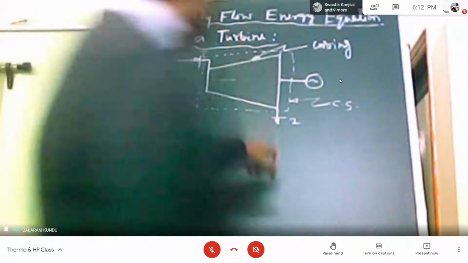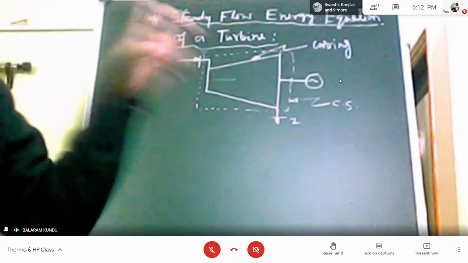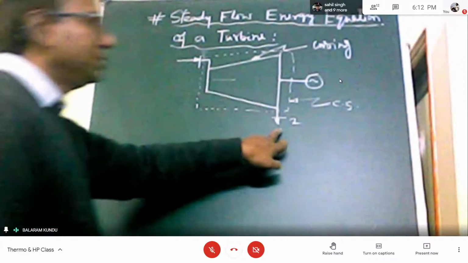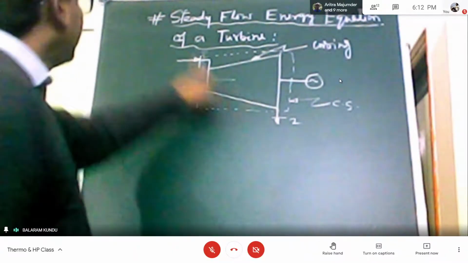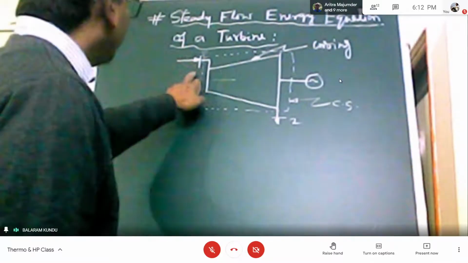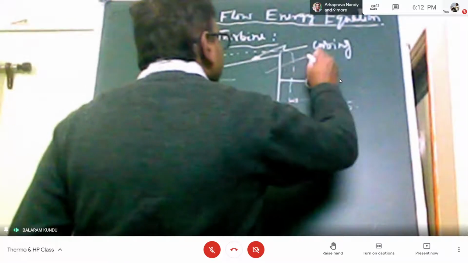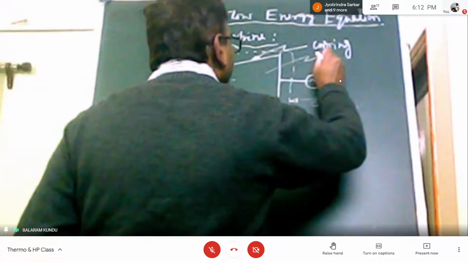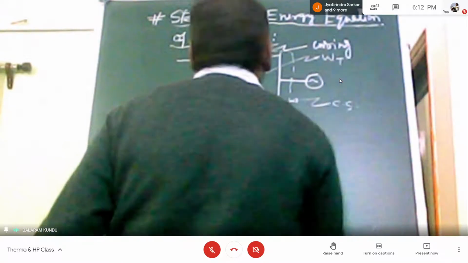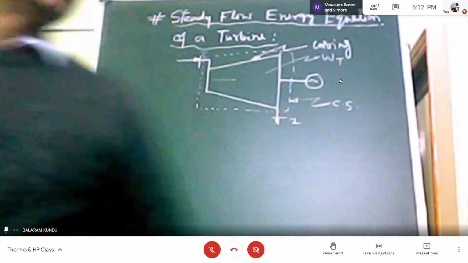Steam enters the condenser where steam is condensed, so the exit pressure should be the condenser pressure, and the inlet pressure should be the boiler pressure here. Work is produced here. Say that work is the turbine work, which can be denoted by WT.